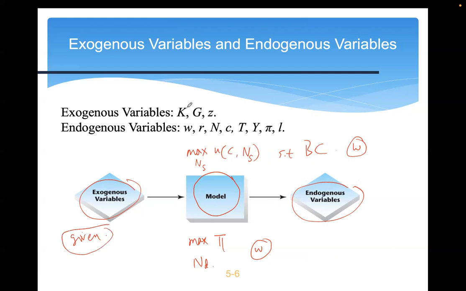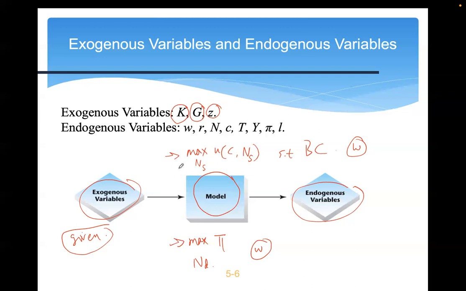These include K, capital stock, G, the government spending, and Z, that's the TFP or the productivity level. Those are taken as given. That means for the model, not only for each side of the economy.